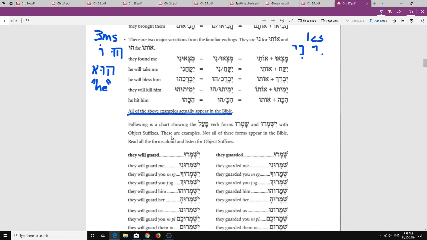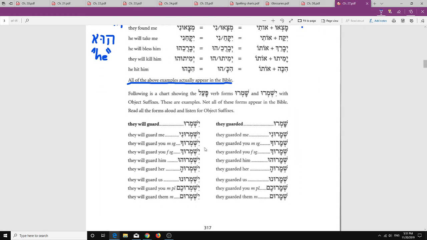Okay, so I will go over these. They've given us the pronominal suffixes on the end of two forms of our shamar verb. So shamru, this is 3mp perfect, "they guarded," and yishmru, again 3mp but imperfect, "they will guard."